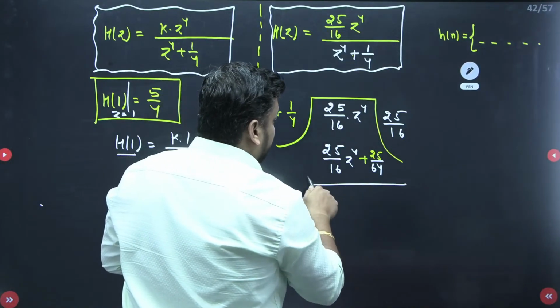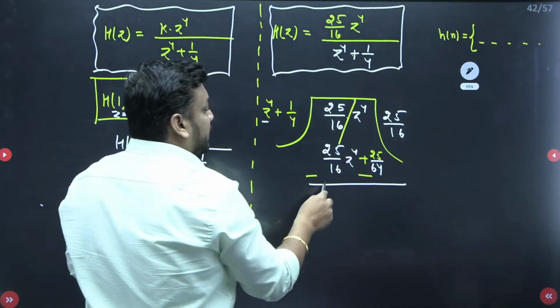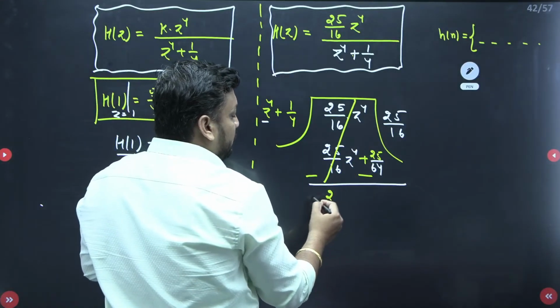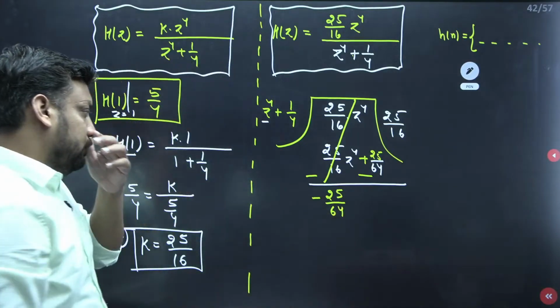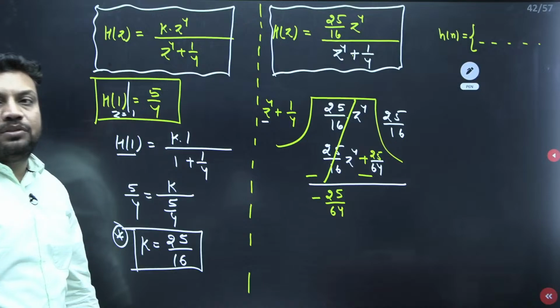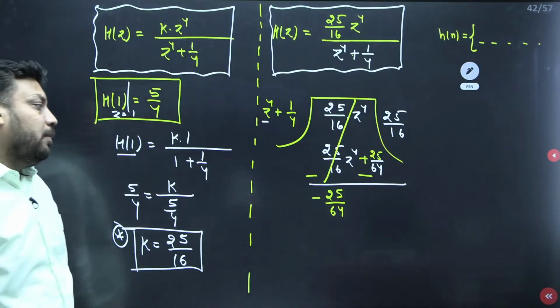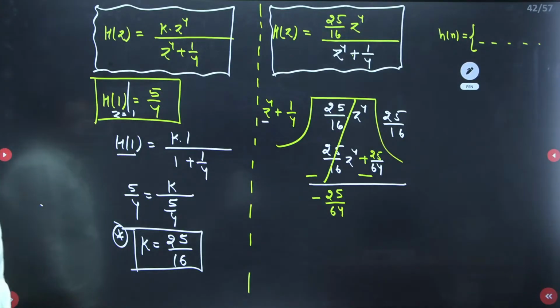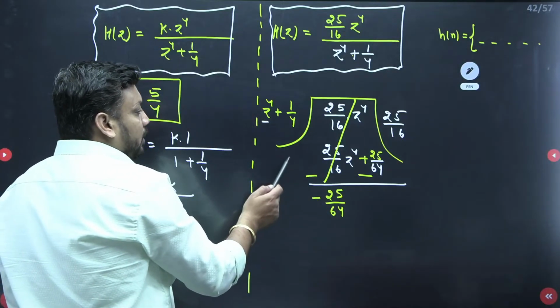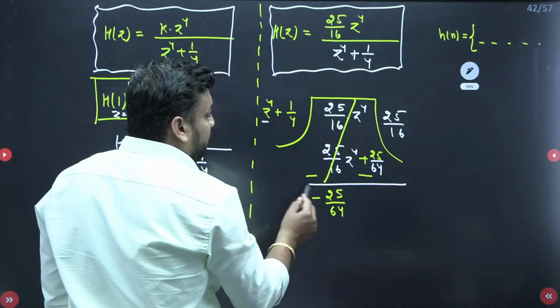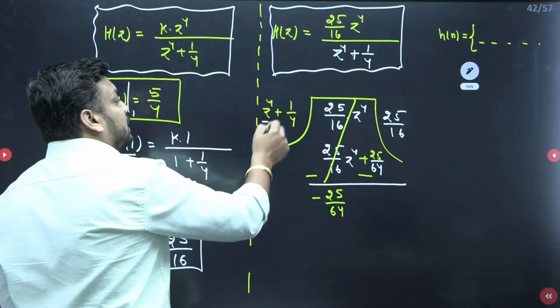Now when you subtract, this part gets cancelled out, and ultimately this part will become minus 25 upon 64. Yes or no? Is this clear? Now what is the requirement? The requirement is minus 25 upon 64, but what is available? Available is z⁴.